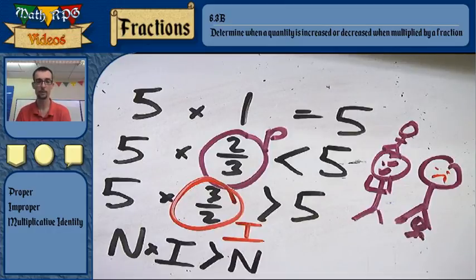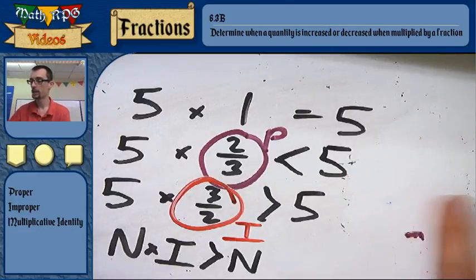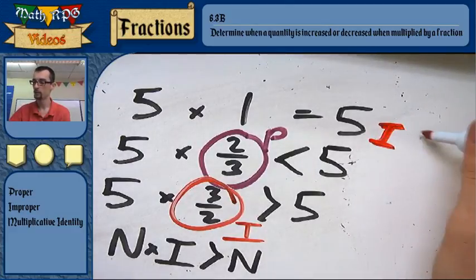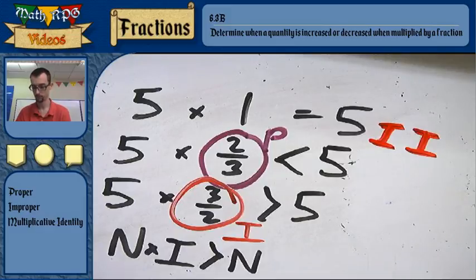Okay. Any improper fraction. That could be 3/2, that could be 4, that could be 18 million. Those are all improper fractions, right? 18 million over 1. Any improper fraction, any number bigger than 1. Or as I like to think of it, as improper fractions increase the number, right? Improper, increase.